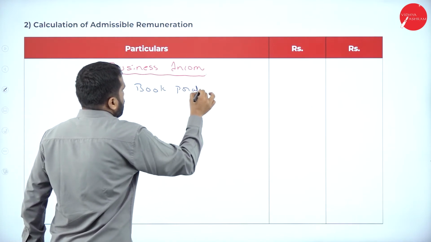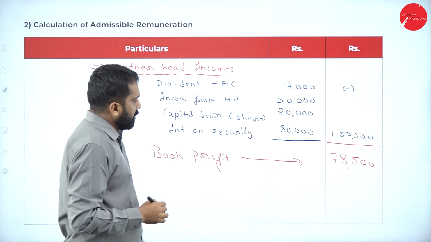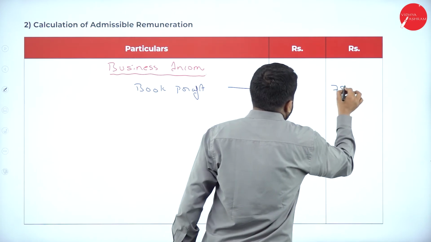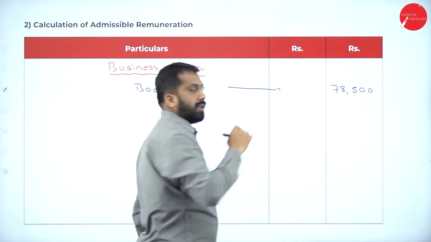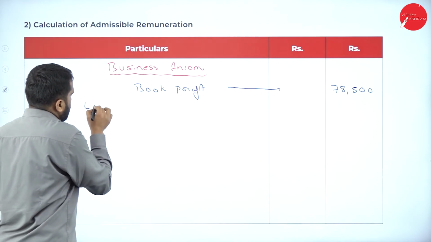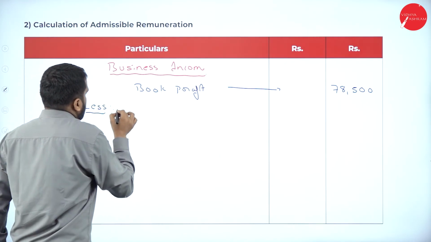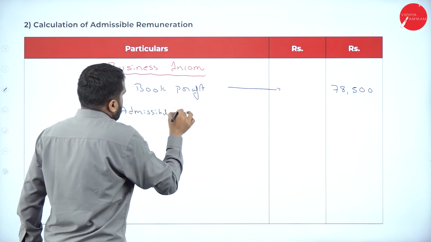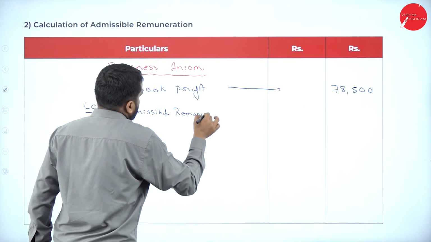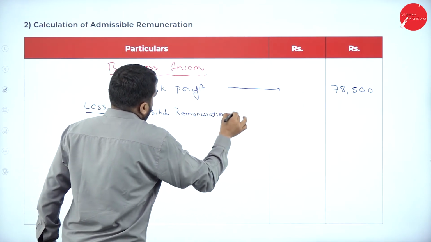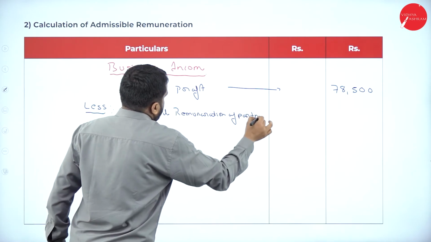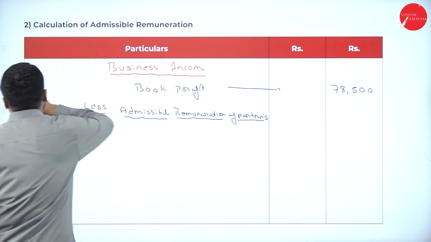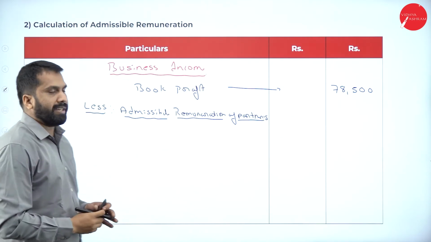How much you got book profit? 78,500. 78,500 less admissible remuneration of partners. So you are supposed to minus remuneration.